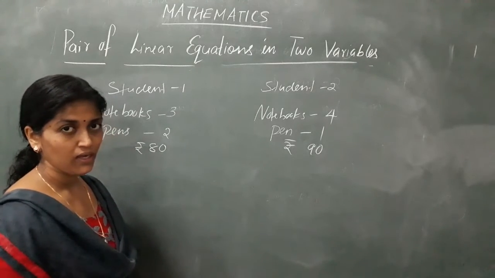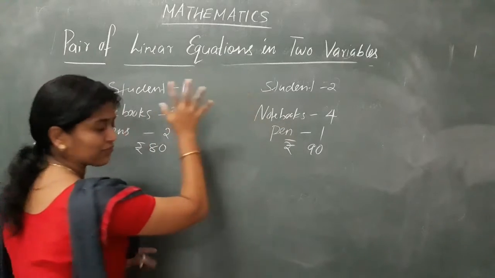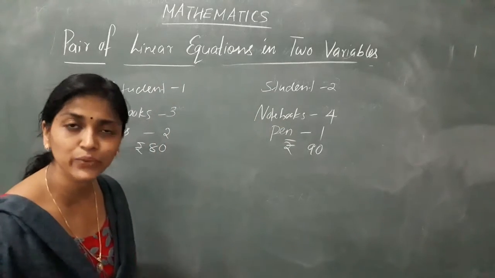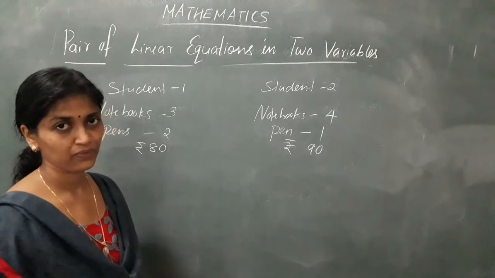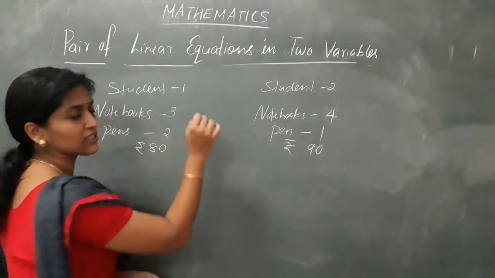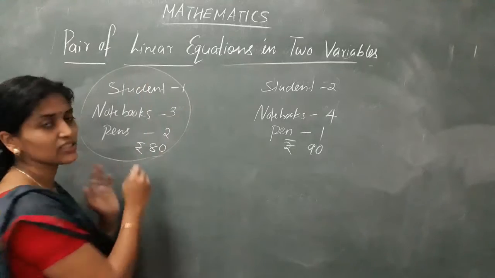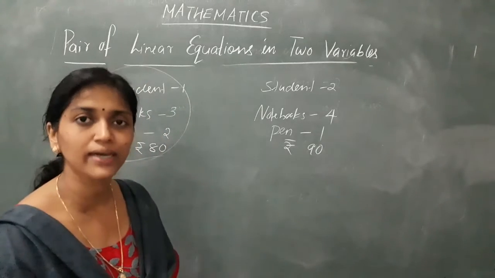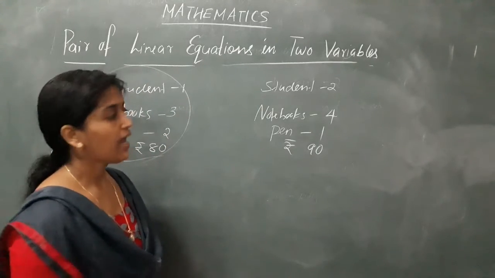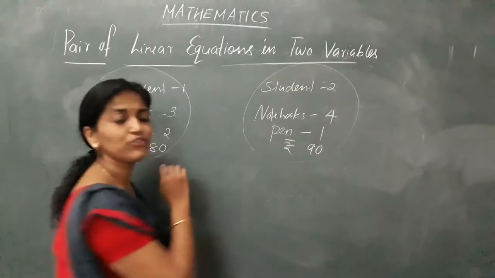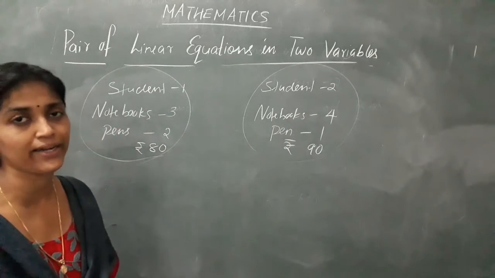Clear? So from the student 1 condition, I can form a linear equation in two variables, and from the student 2 condition, I can form a linear equation in two variables.